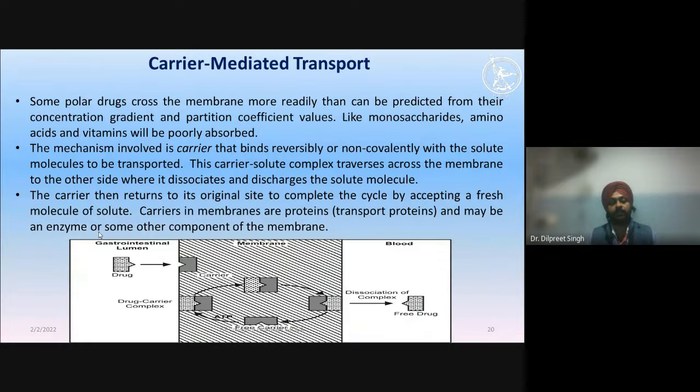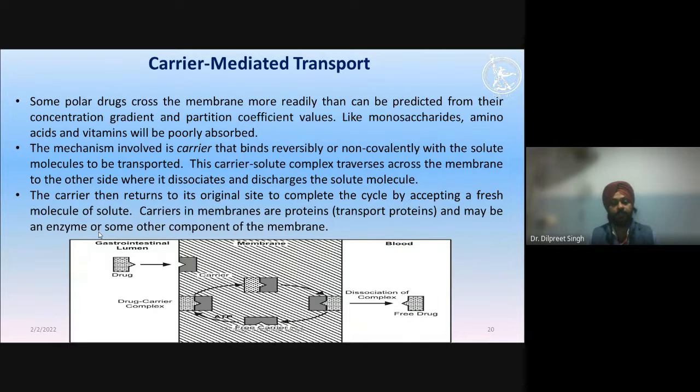Particular carriers like the endophospholipids, chylomicrons, and low density lipoproteins bind reversibly or non-covalently with the solute. When the carrier solute molecules transfer across to the other side of the membrane, the carrier molecule dissociates, and the active solute molecule is absorbed into the primary circulation.